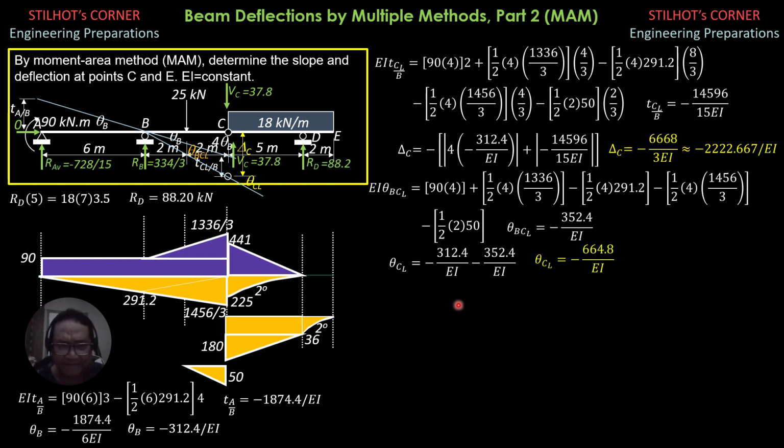So theta C left is equal to negative 664.8 over EI, which is the same result as in part 1.